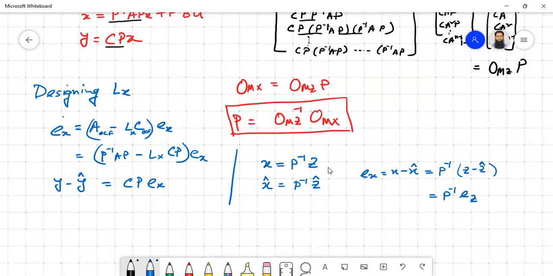Okay, so this is the relationship that we get from the transformation matrix.